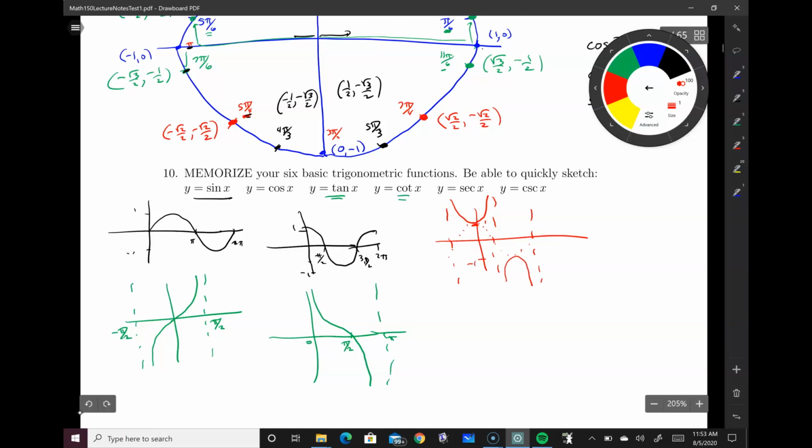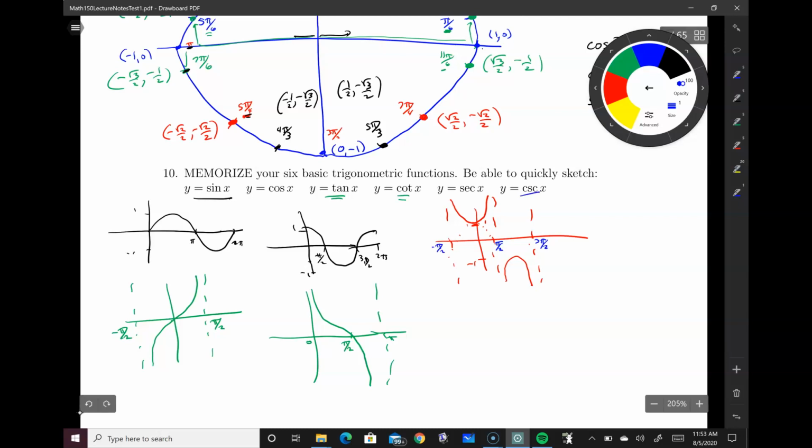The cups are off of cosine because secant is 1 over cosine. So you need to know where the asymptotes are. This asymptote here is at pi over 2. That's where cosine is 0. Negative pi over 2, 3 pi over 2.